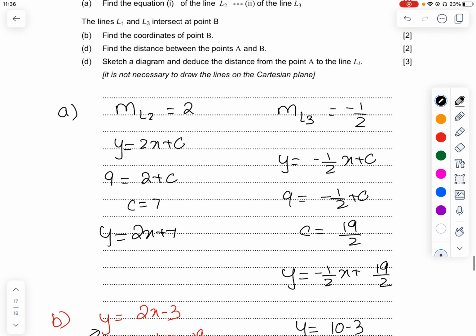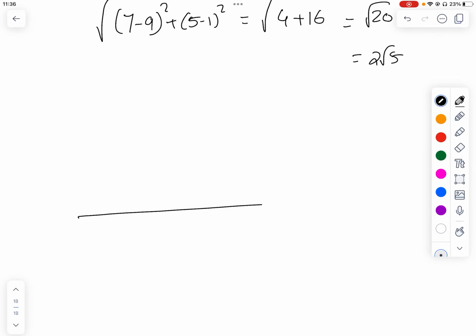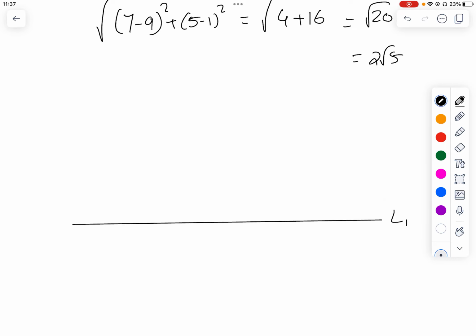Next, sketch the diagram and find the distance between the point A and the line L2. So the diagram may be looking like this. I have line L1, then L2 is parallel to L1, but L3 is perpendicular to L1, so it is perpendicular to L2 also.